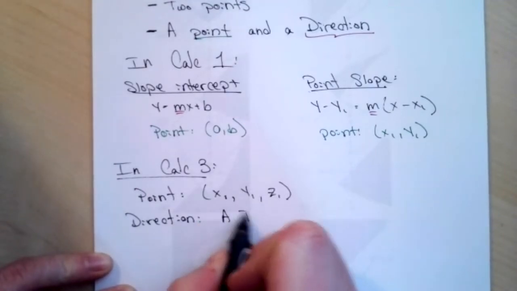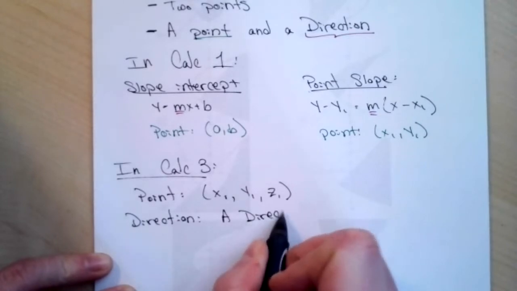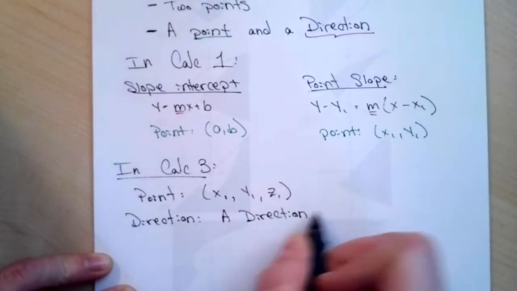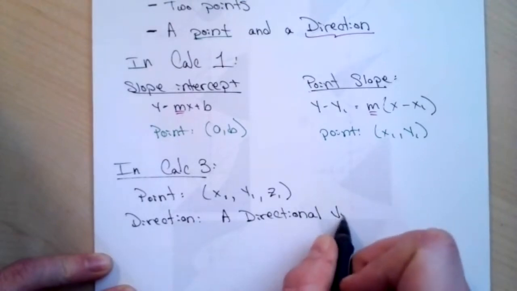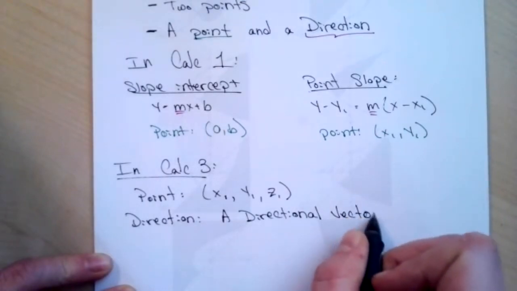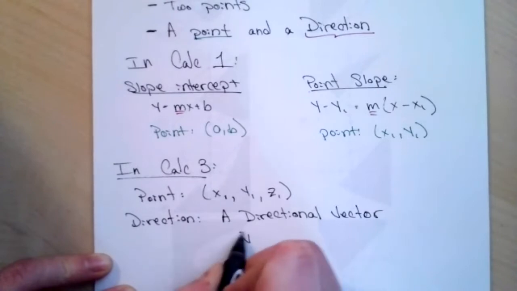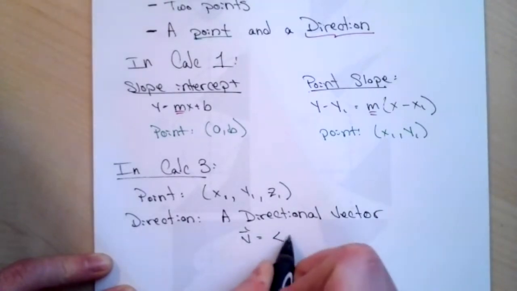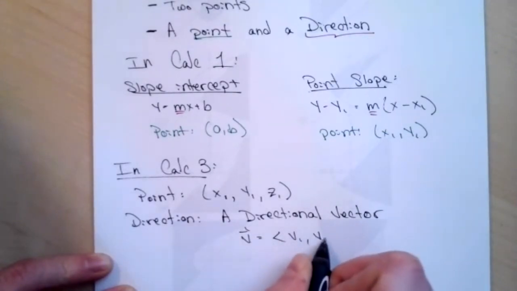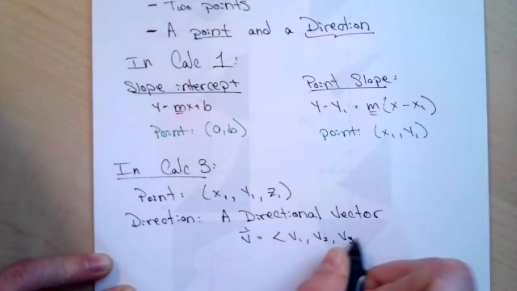And specifically, to reuse the word, it's going to be the directional vector, which I'll just write as v and give it coordinates v1, v2, and v3.